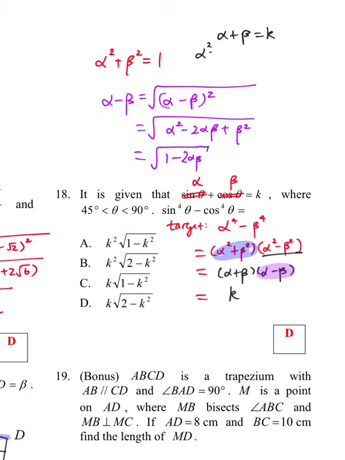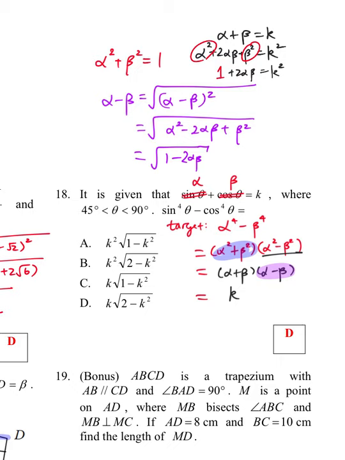If we square both sides, we will see that this will be k squared. Let me circle in red color, these two add up to be 1, plus 2 alpha beta equals k squared.